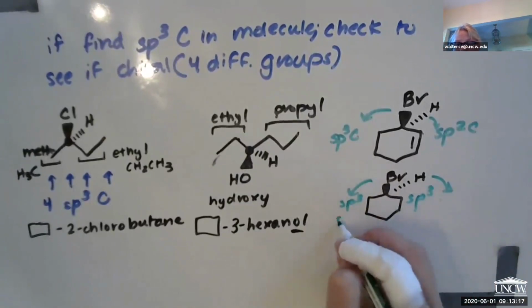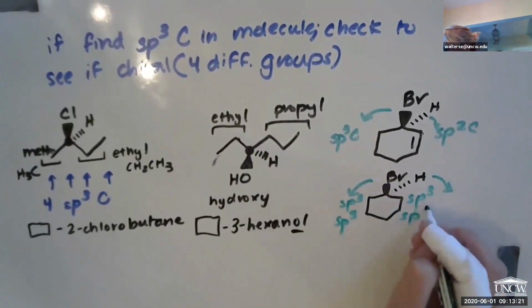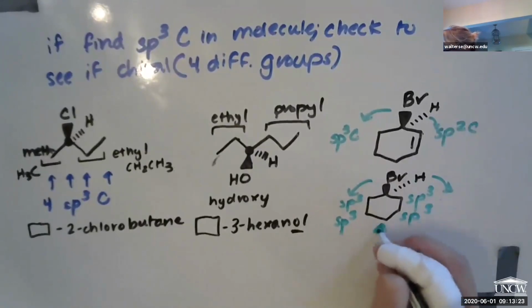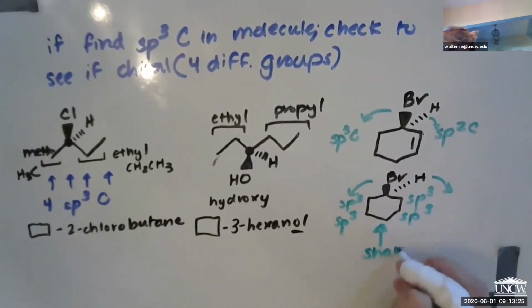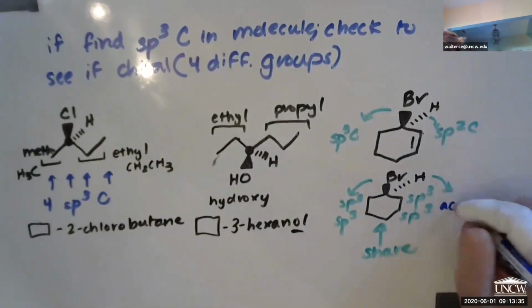Down here, sp3, sp3, so they're still the same. And then when they get to this position, they share. Okay, both sides come to that shared position. So in this case, the carbon would be achiral.